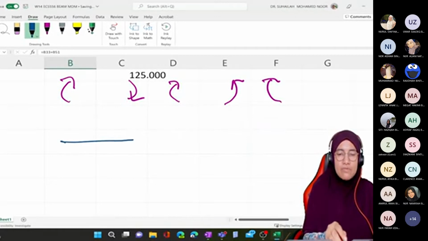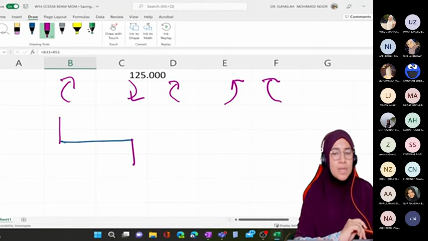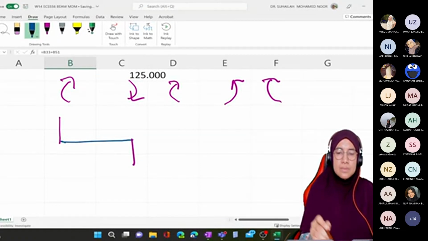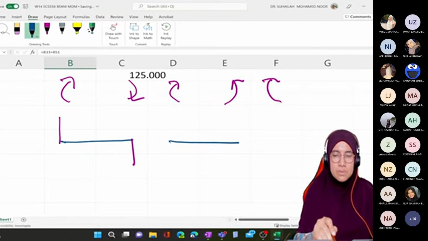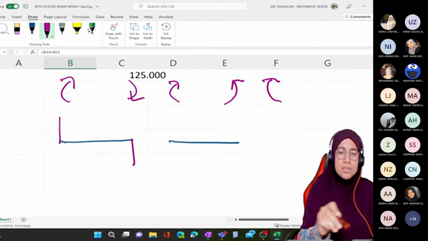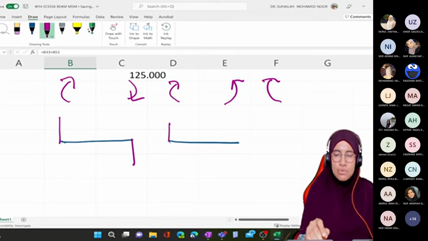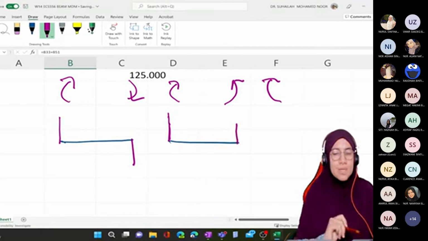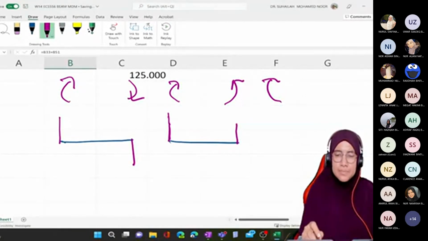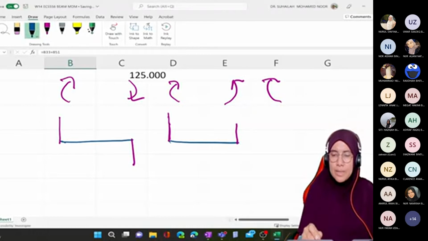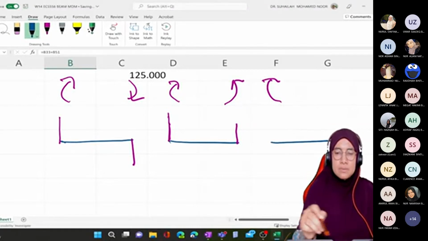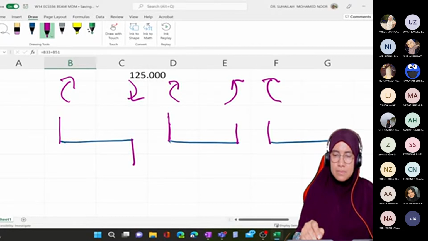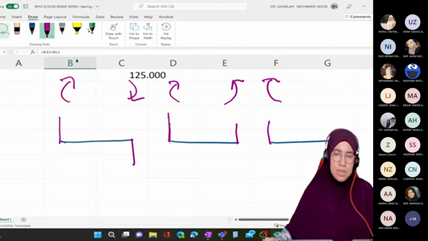The first and last point are like this. Both are on top, we just follow the moment direction. The last one is like this.